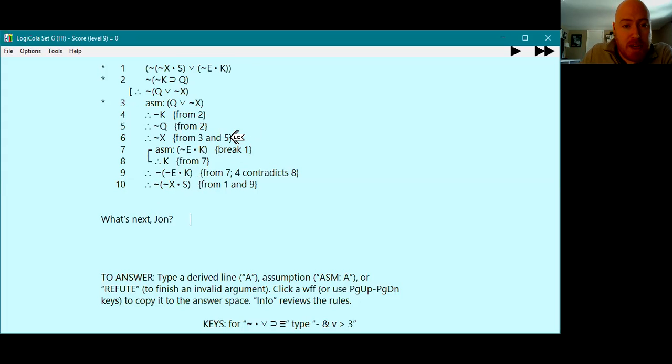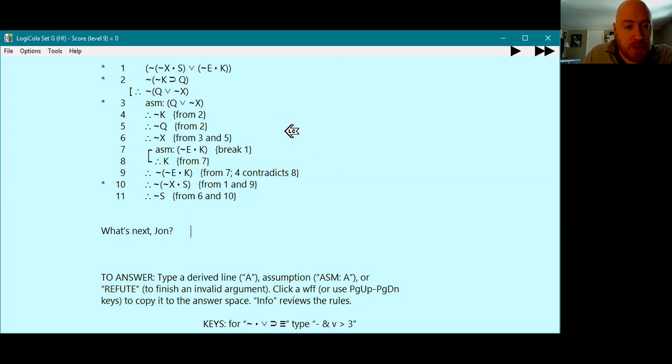Now, but here on line 6, I've already got not X is true, so I've got, it's not the case that these are both true, and on line 6, I've got that one half of this is true. So on line 11, I can derive that S is false, okay? So these aren't both true, and I've already got that one half is true, so I know that the other half is false, okay?